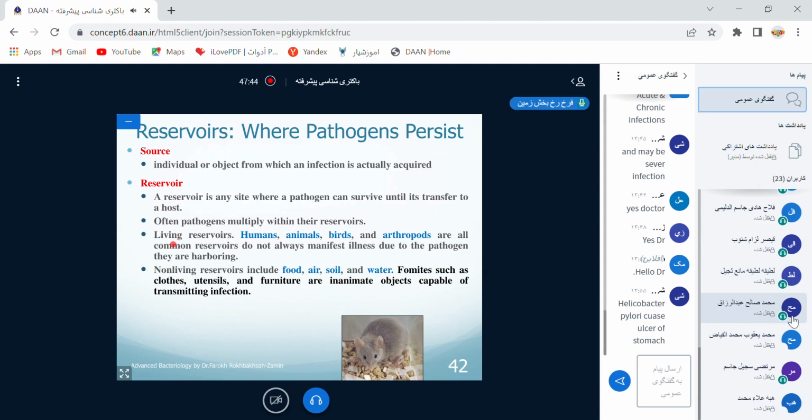We can divide them into groups: living reservoirs and non-living reservoirs.